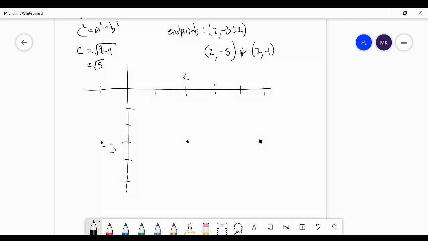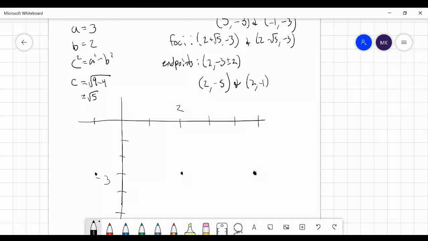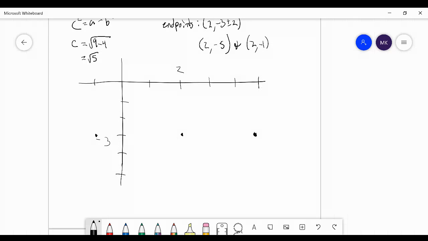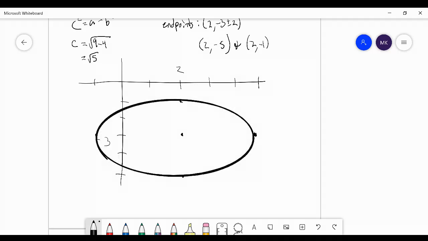And then we have endpoints of our minor axis of 2, negative 1, and 2, negative 5. So that gives us enough that we can get a good sketch of this now. Football-y looking thing. Okay.